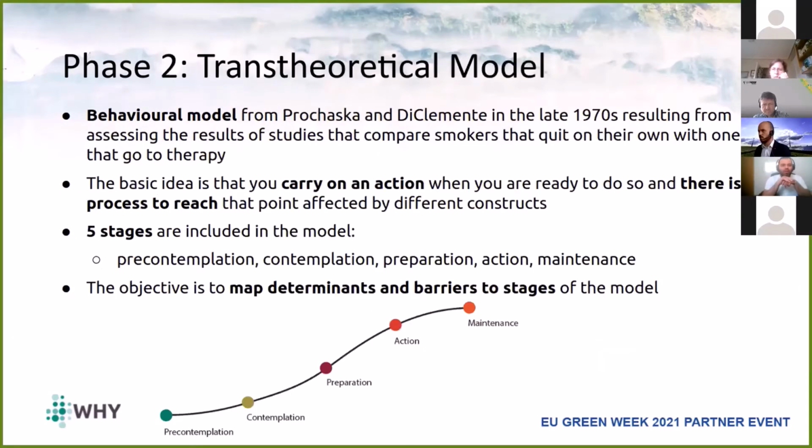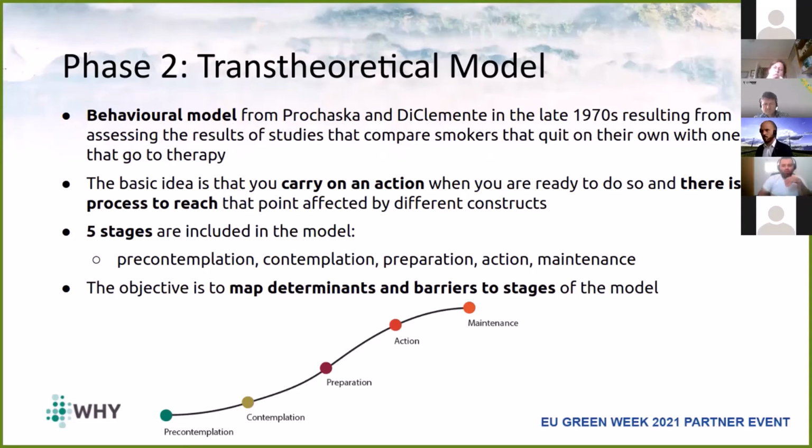When we have all of these scenarios, what we are going to try to do is plug them into the transtheoretical model, which is a behavioral model that tries to grasp how people take a decision. It's composed of 5 stages, starting with the preparation, I mean, the step that you take before taking a decision.